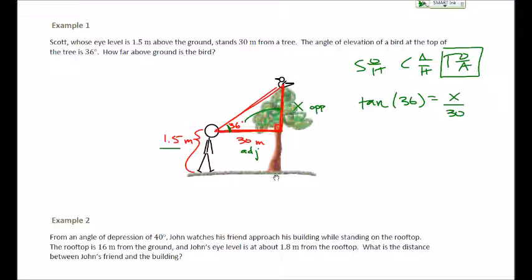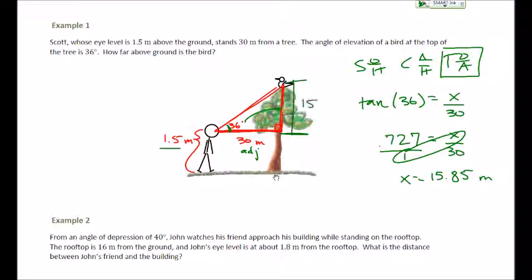And the tangent of 36 degrees is 0.727, which is equal to x over 30, divide by 1, and cross multiply. And I find that x is equal to 15.85 meters. Now, that isn't the answer, but that's the distance from Scott's eye level up to the bird.